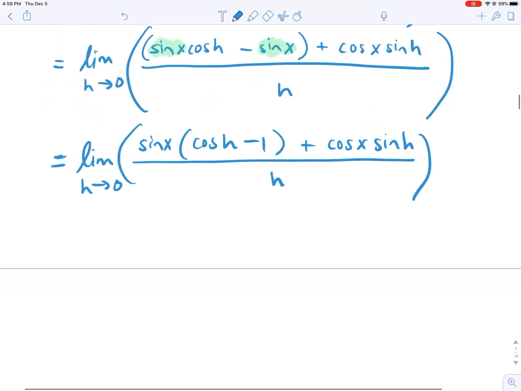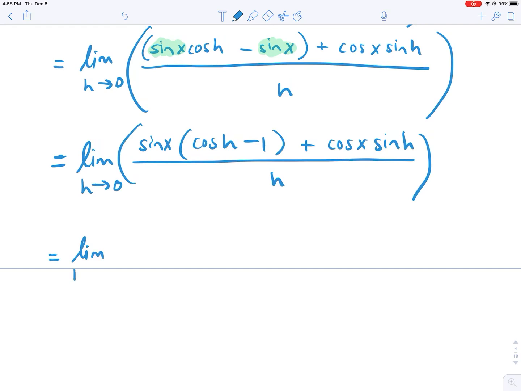All right, so now I'm going to use a limit property. Well, actually, before I apply the limit property, I'm going to split up this big fraction into a sum of two fractions.